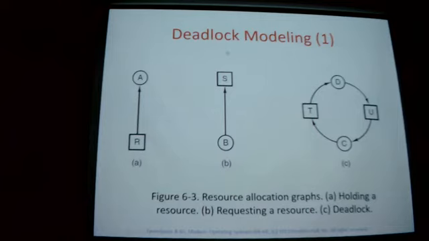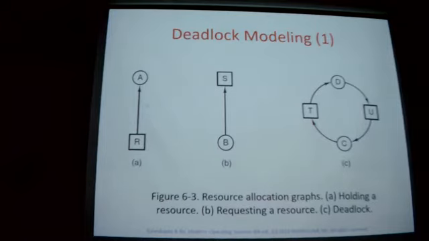Deadlock. Yes, that means we use a figure to model the relationship between resources and processes. For example, in figure A, this circle represents a process, process A. A rectangle denotes a resource.